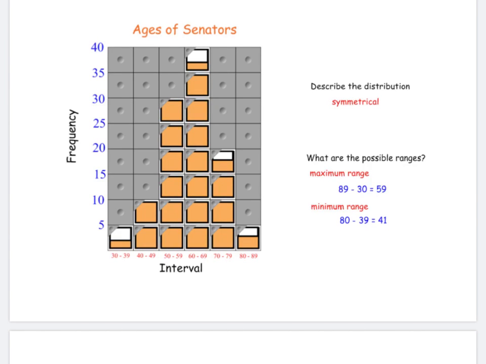So if we're looking at this histogram, I have my title at the top, ages of senators. I have my intervals at the bottom. In this case, we should label them ages. And then I have my frequency, or how many in each category, on the y-axis on the left.